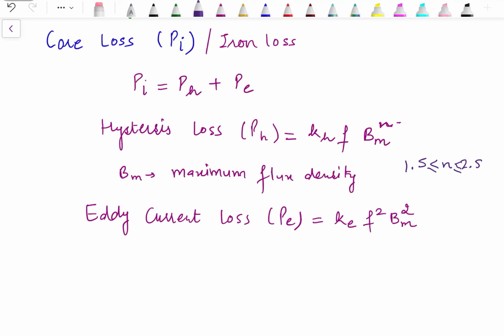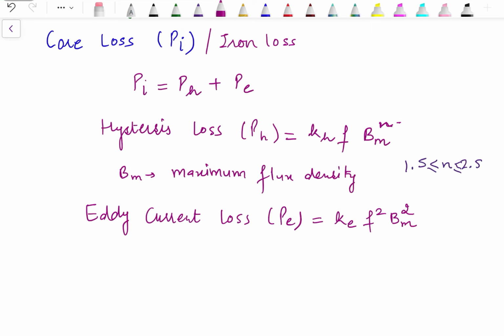So what we see in the expression of hysteresis loss and eddy current loss, both are dependent upon frequency and maximum flux density. Now from the EMF equation, we can find the expression of this maximum flux density in terms of voltage.